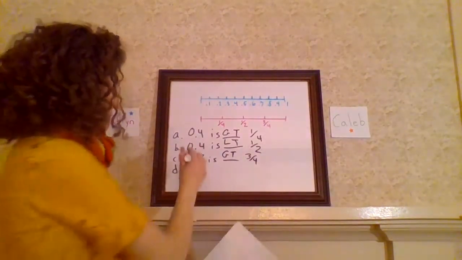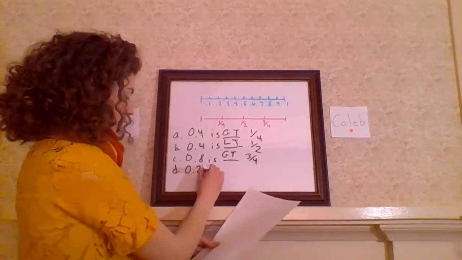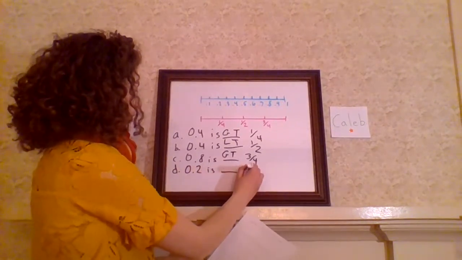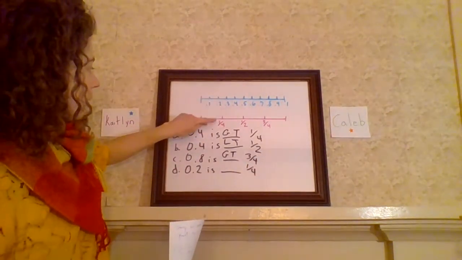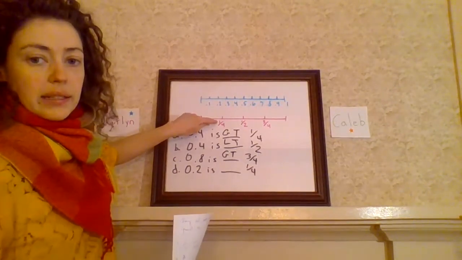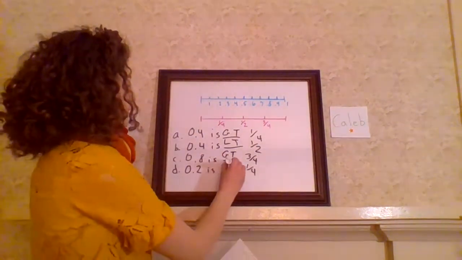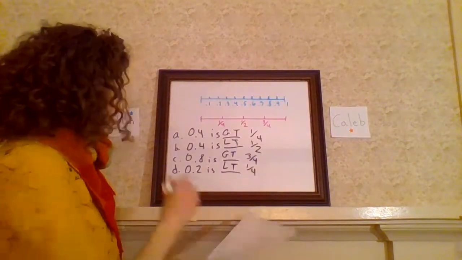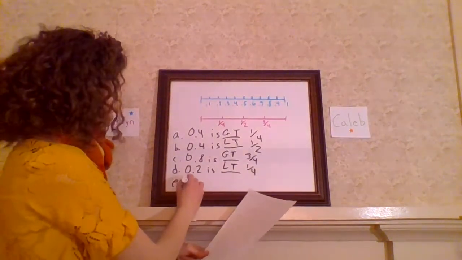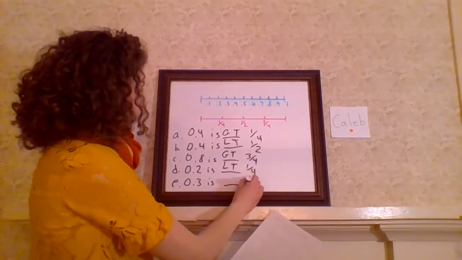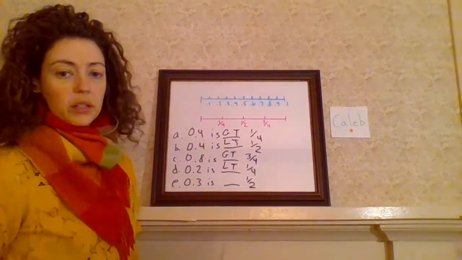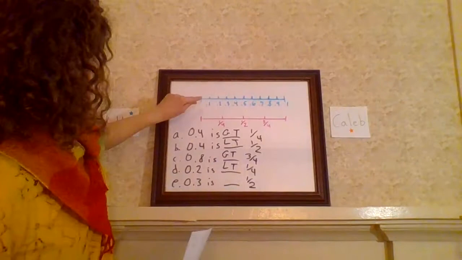Okay, we have 0.2 or 2/10 is what? Then 1/4. So we'll find 2/10 and bring it down, and that is less than 1/4. So LT. Okay, look at E. 0.3 or 3/10 is what compared to 1/2? Maybe that's something you can do in your head without looking, but let's check it out.